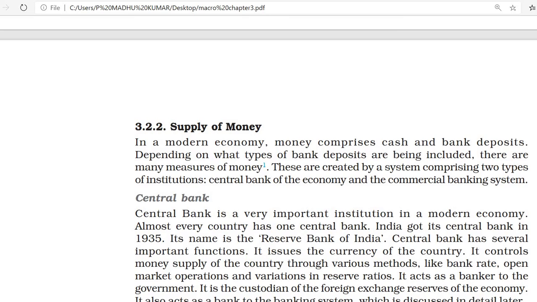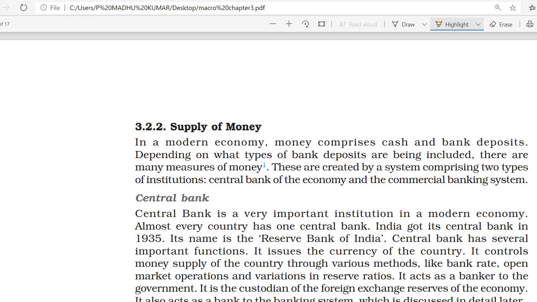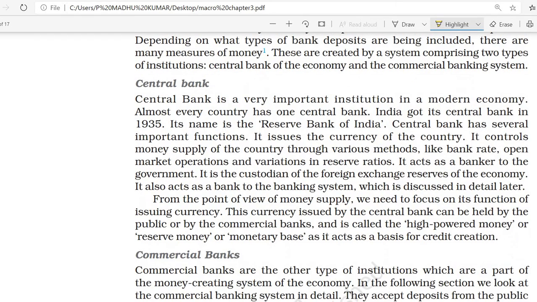The central bank aims at promoting financial and economic stability in the country. The central bank is the monetary institution whose main function is to control the money supply. Who is controlling the money supply? The central bank is.